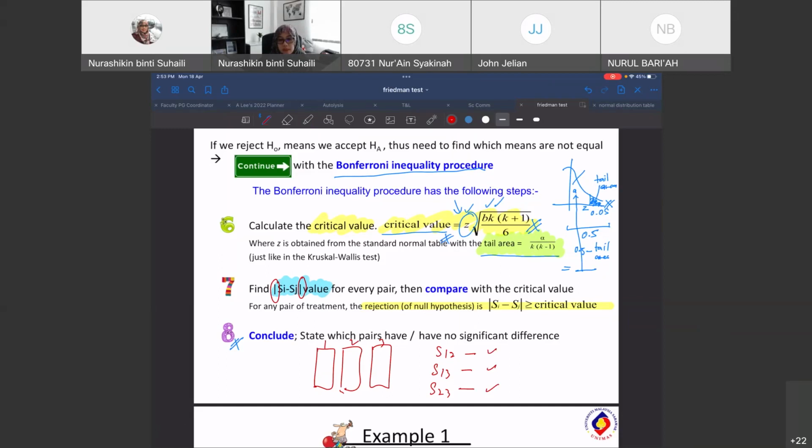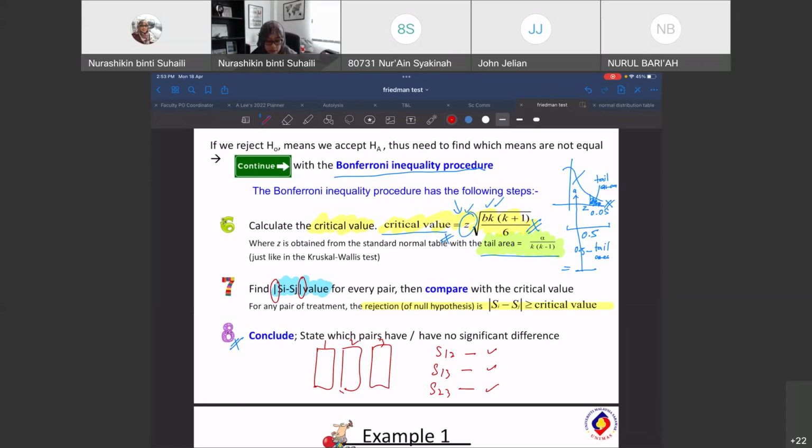So once you have done step 7, then you conclude. The last step is to make a conclusion. So here you have to state the pairs that have a difference and the pairs that do not have a difference. Okay? So the two conditions that you have to state. So yeah, that is the 8th or the last step. The final one is always the conclusion.